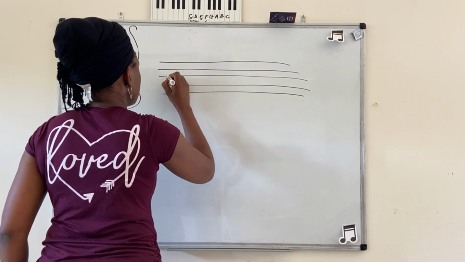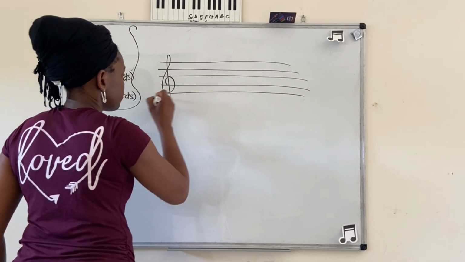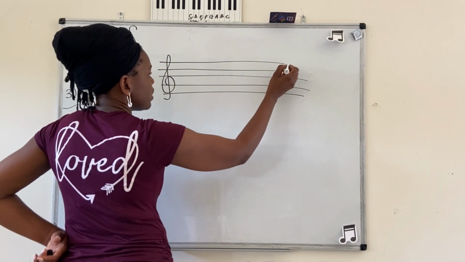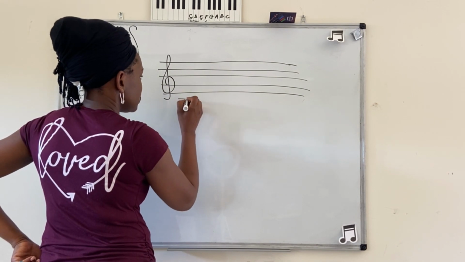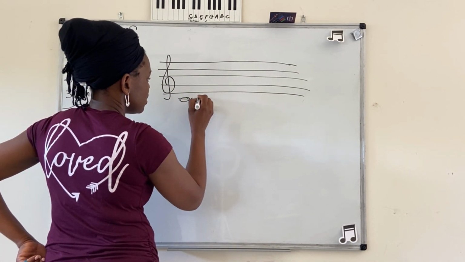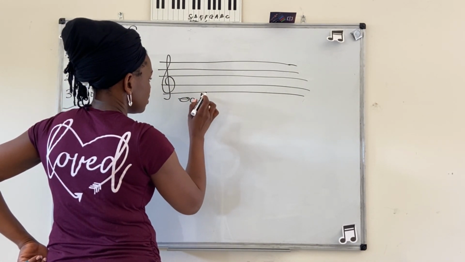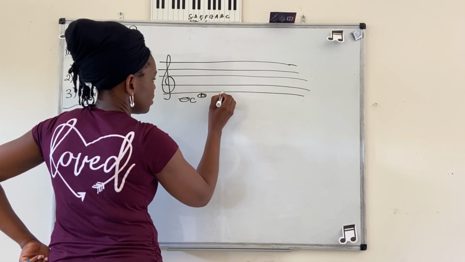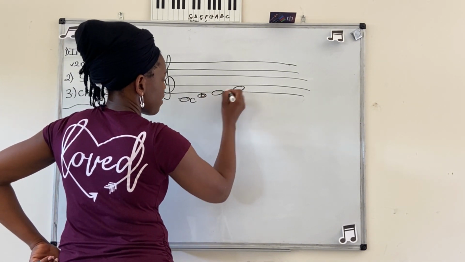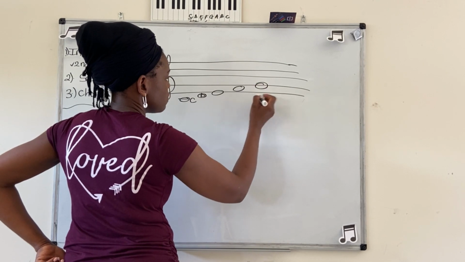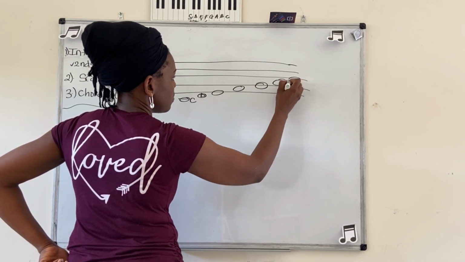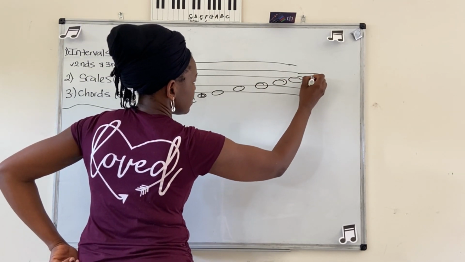This is a scale, our treble clef, and the scale of C moves from C, D, E, F, G, A, B, and C.